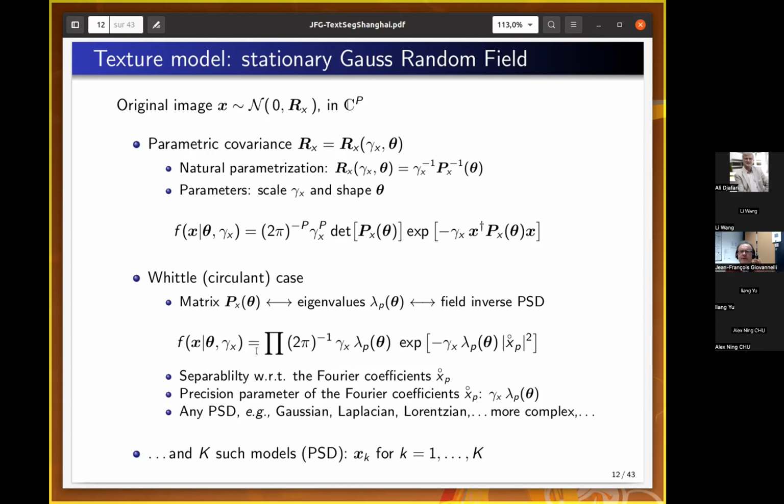And we have a very simple model that is separable with frequencies, index P, running for all the frequencies of the image. And we have a Gaussian model with variance in the Fourier domain that is parameterized by a specific function, itself parameterized by theta, that are the texture parameters. And I have such a model for capital K images.